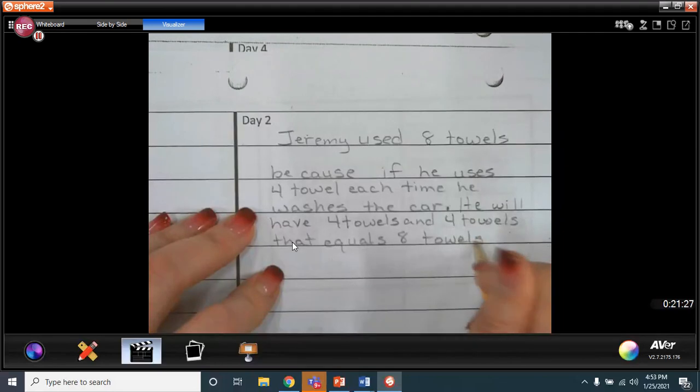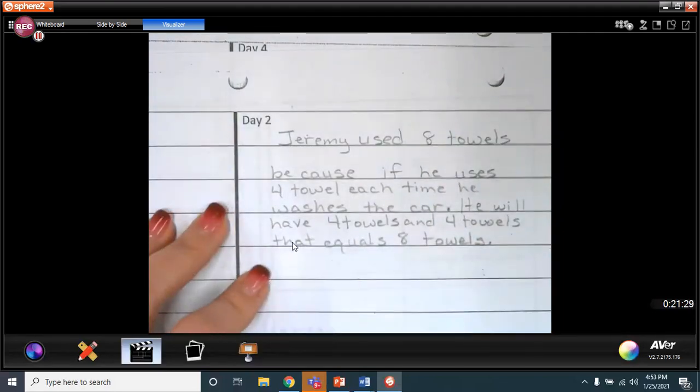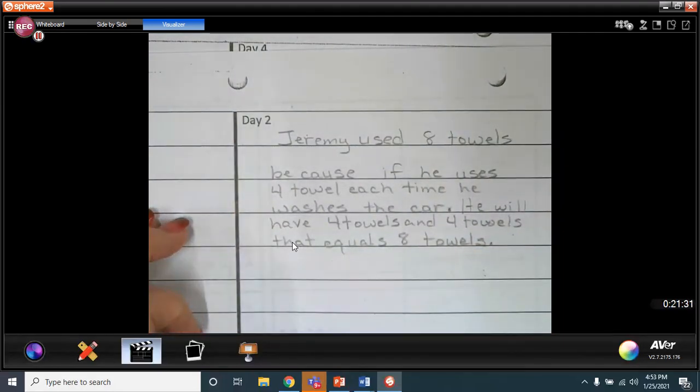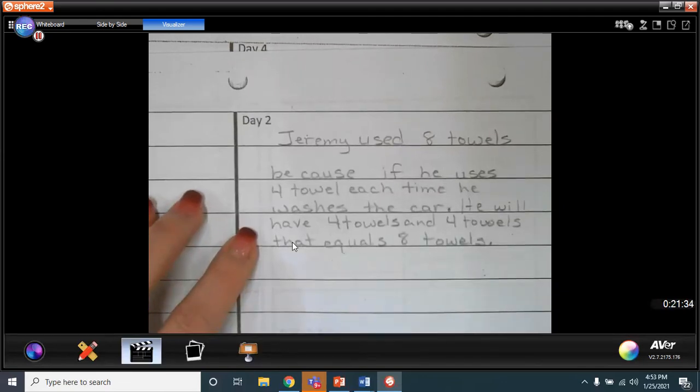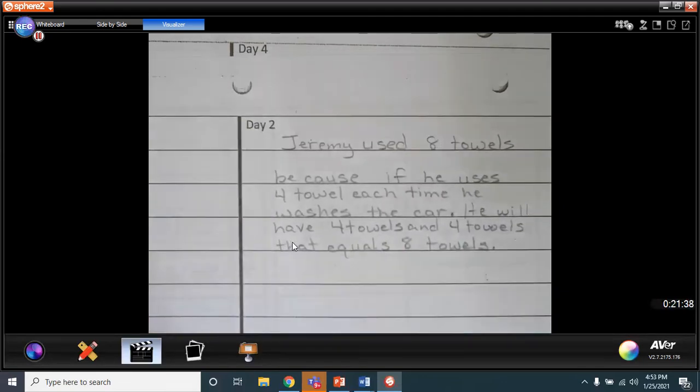So remember, it's important for you to write out your response statements so that way you get plenty of practice learning how to take your strategies and write them out in your thinking. So we will talk about this during our whole group meeting.